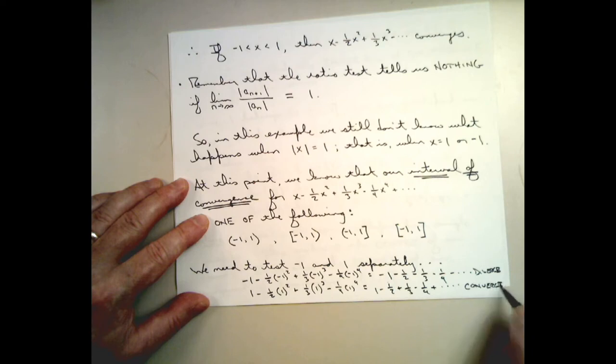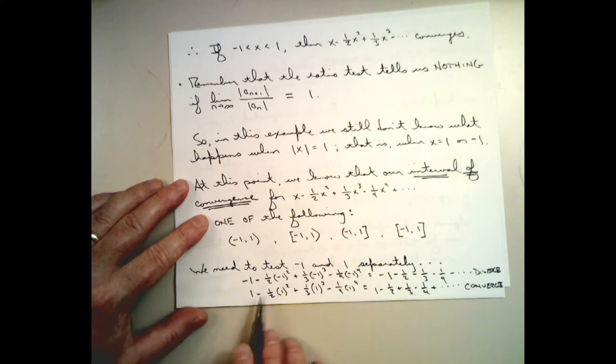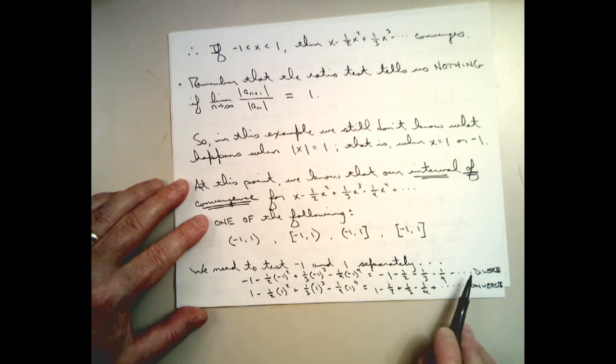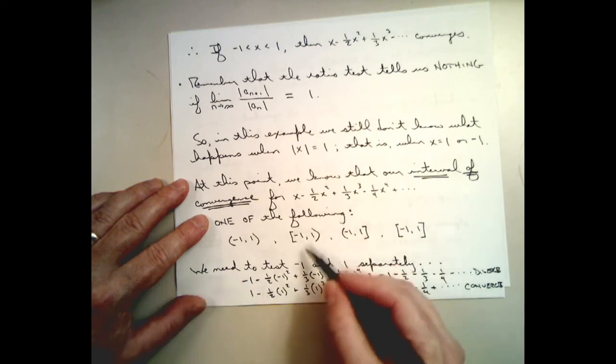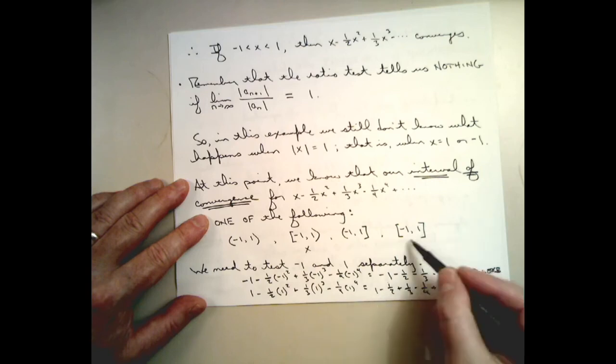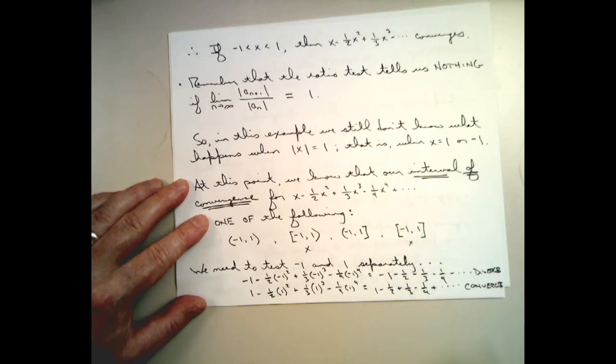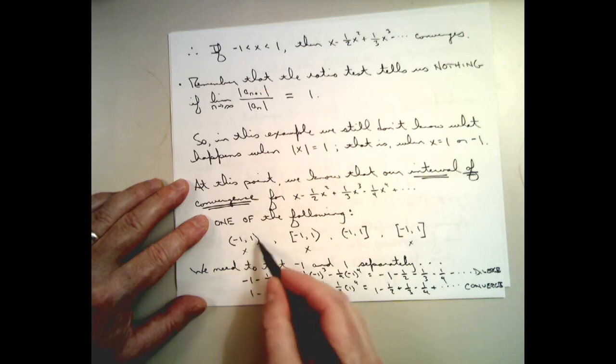Right, so by looking at -1 and 1 separately, we were able to decide whether the endpoints of our interval converged. As soon as we knew that -1 didn't work, we knew that that one was out. Whenever we know that 1 gives us a series which does converge, we know this one's out, because I'm not including 1 in this interval, but we need to include 1.